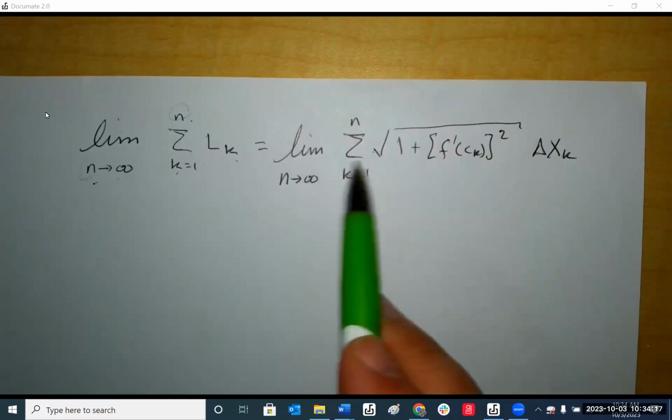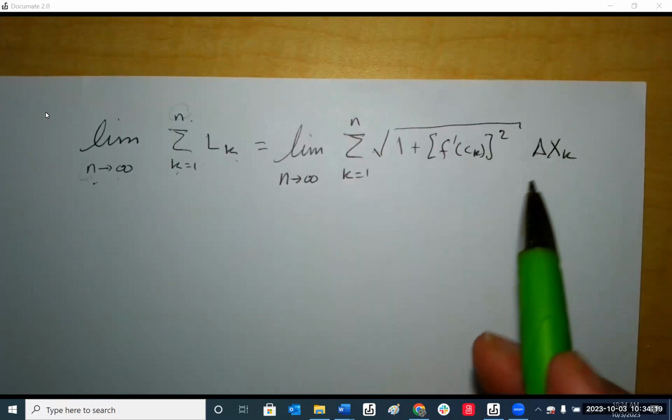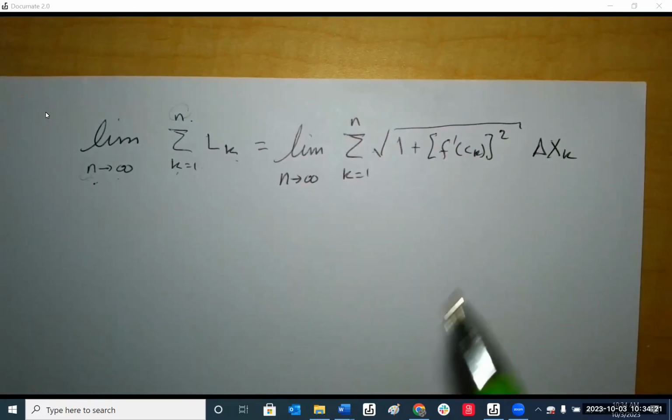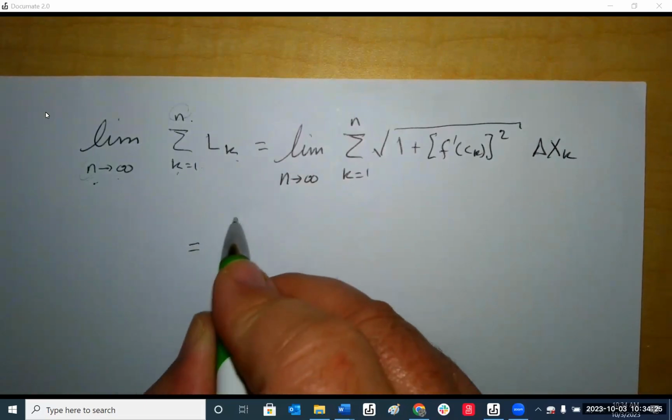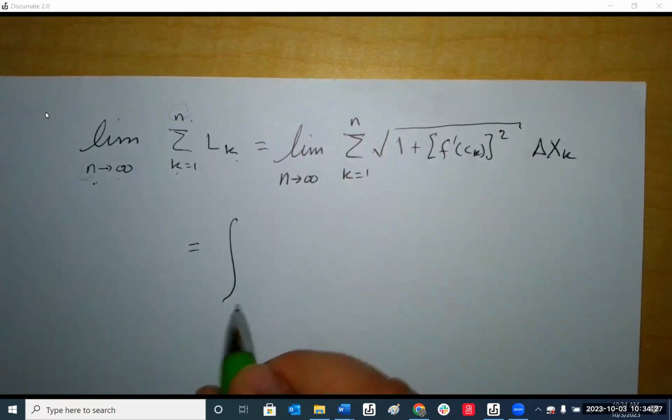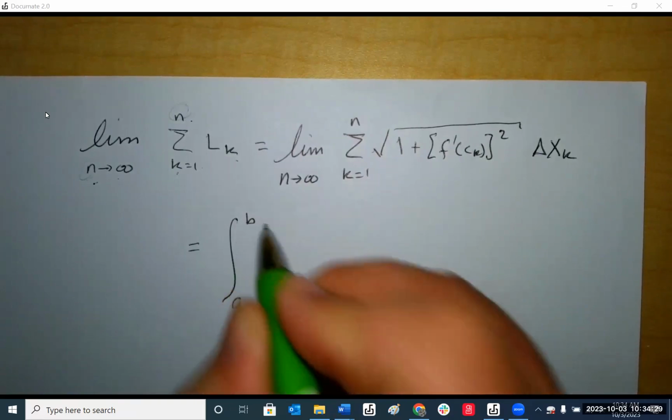Since the function is continuous and smooth, and we can do a Riemann sum, that means we can now take the integral of it from a to b, from our closed interval.